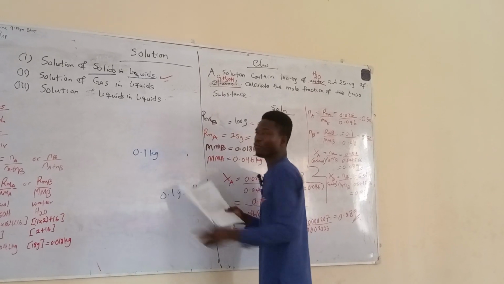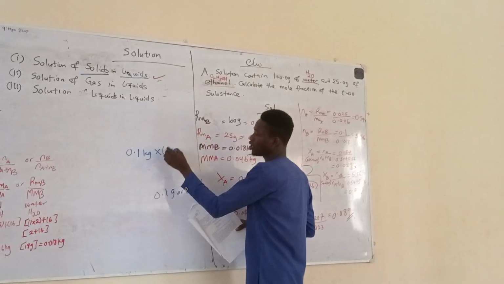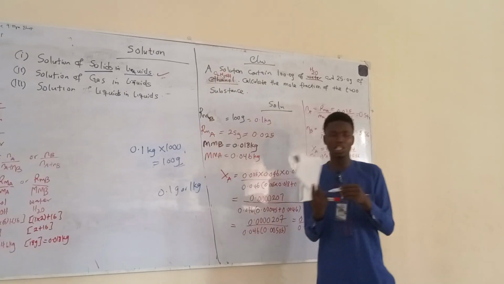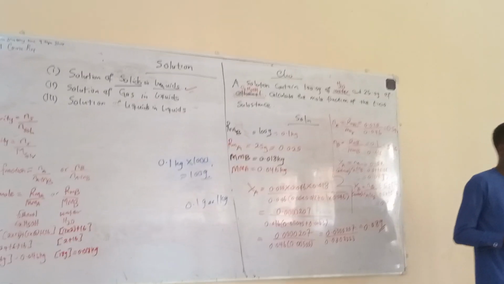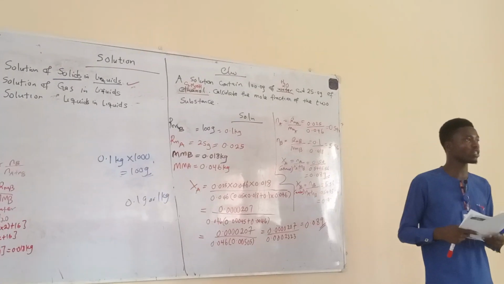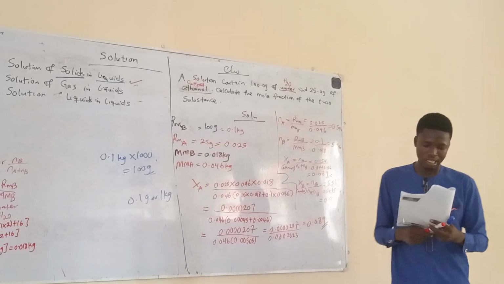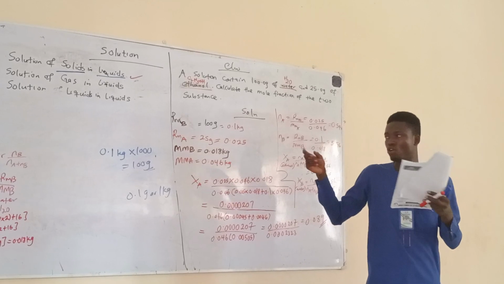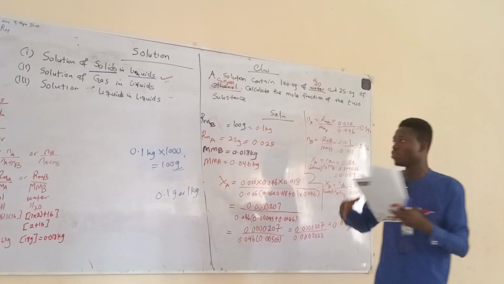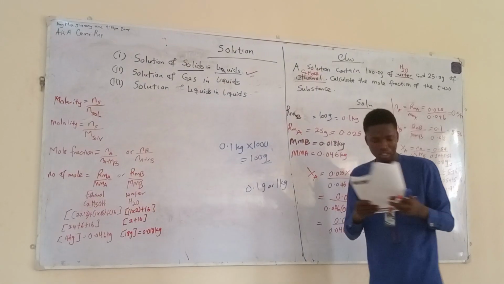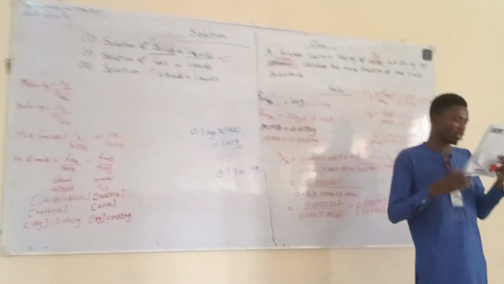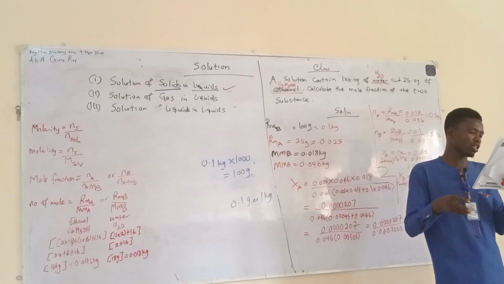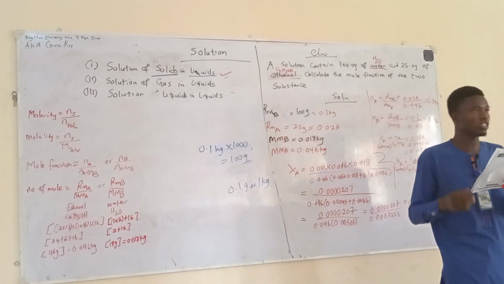From bigger to smaller, you multiply by 1000, that's 100 gram. I think that's what they are trying to say. So is it 100 gram or 0.1 kilogram? The mass of the solute that can be dissolved in 0.1 kilogram or 100 gram of the solvent to form a saturated solution at a given temperature is called its solubility.